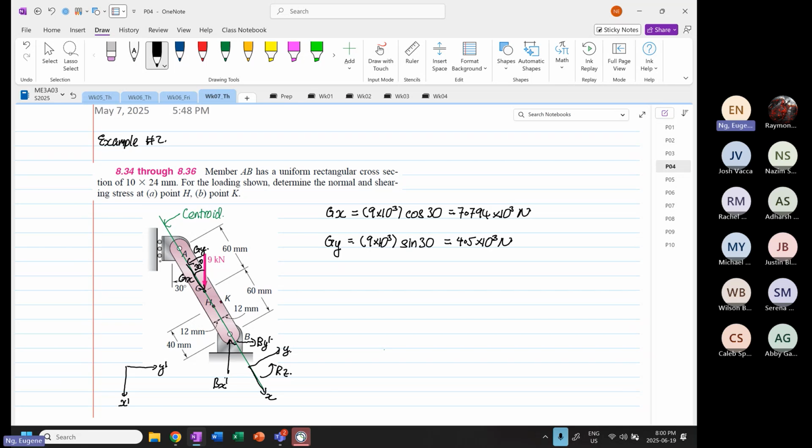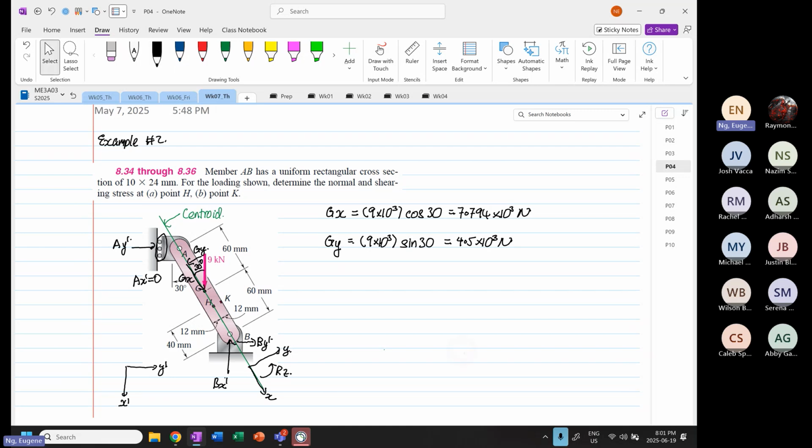On the other side, we know that these are on a set of rollers, so we are also aware that we are going to have horizontally an Ay prime, not x prime. This is just to sketch the free body diagram. We don't have Ax prime. Ax prime is equal to 0 because there's no resistance force. It's on a roller.